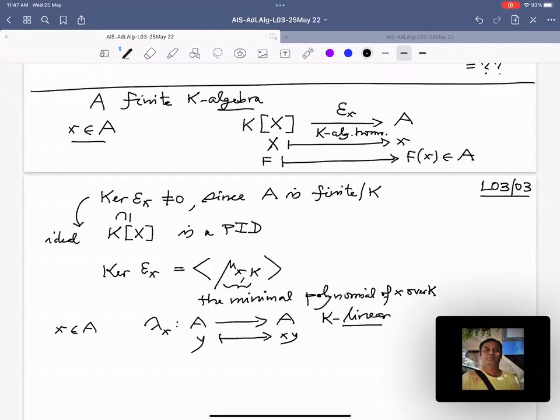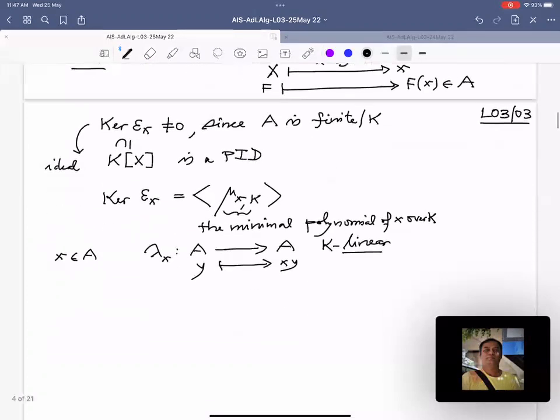So it's a linear operator on A. A is a finite dimensional vector space, that was by our assumption. So therefore, it makes sense to talk about the characteristic polynomial of lambda x. I will abbreviate it by just saying chi of x. So this is a polynomial with coefficients in K.